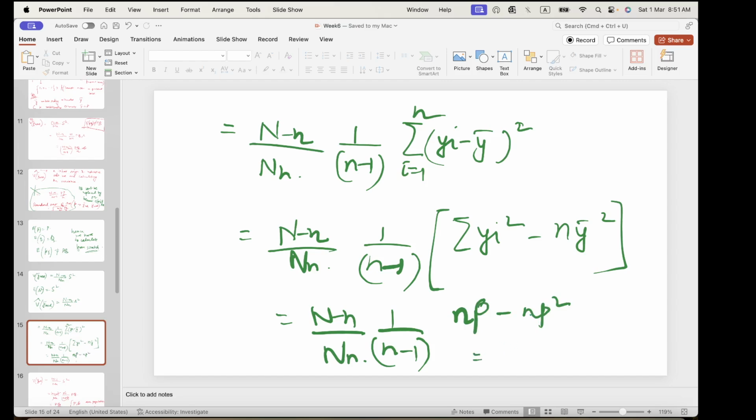So this would be, n would cancel, we would have (N minus n) by (N into small n minus 1), P into Q. Is it okay? So this would be (N minus n) by (N, n minus 1), P into Q.